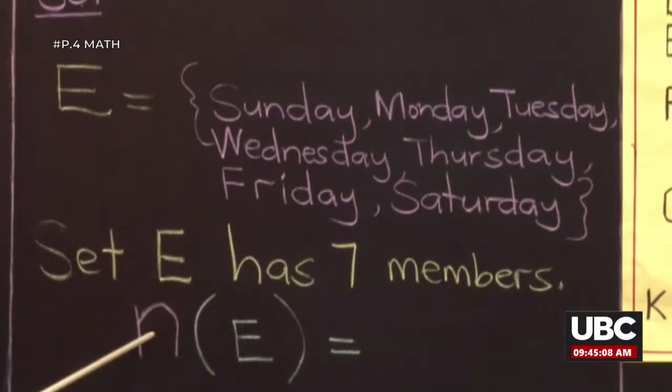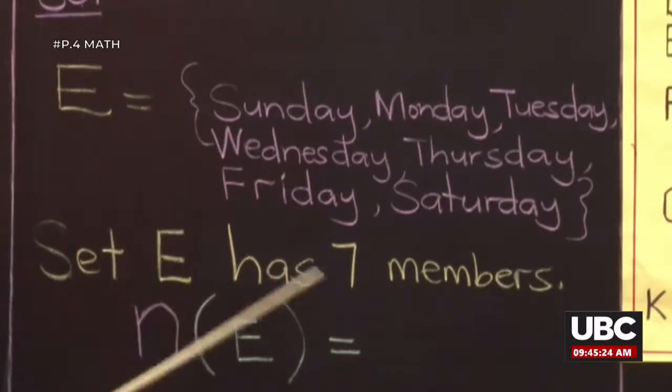You realize that this is a small n. Don't put a capital N because it will confuse us. Always, this letter n standing for number should be a small n.